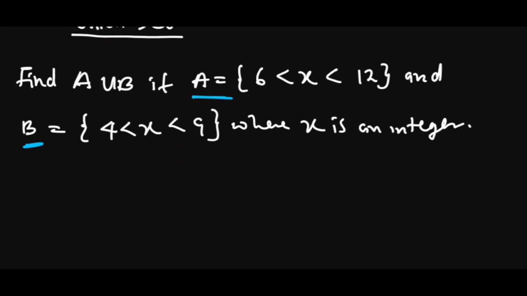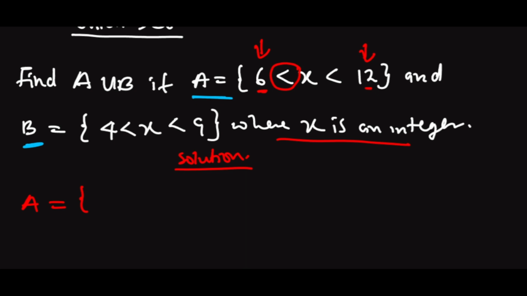So our A solution, our A is going to be equal to, you can see since X is an integer, we are only writing the numbers between this 6 and this 12 without this 6 and this 12 being included because of this symbol. This symbol, there is no equal to under it.